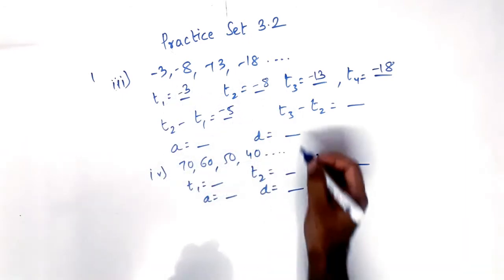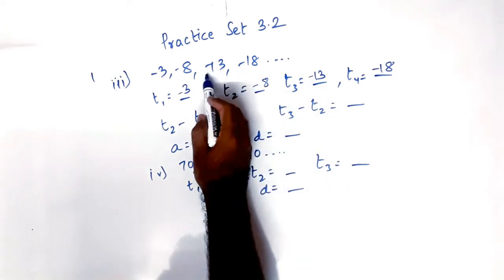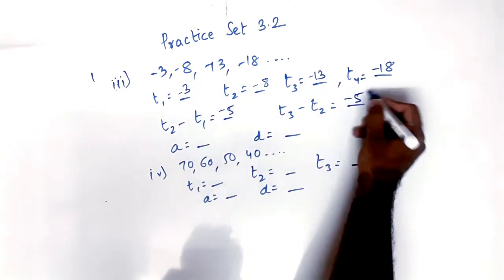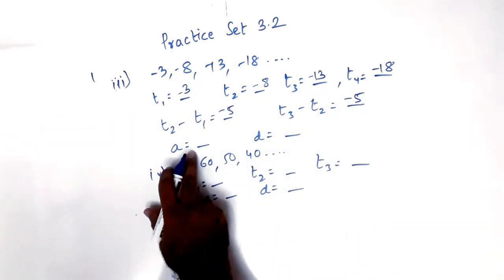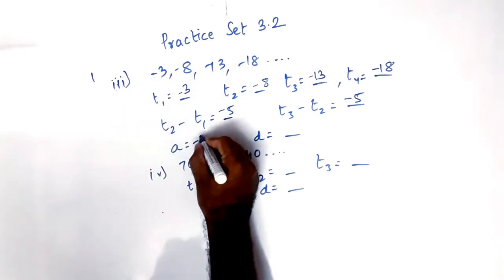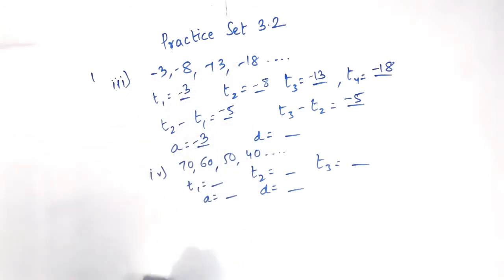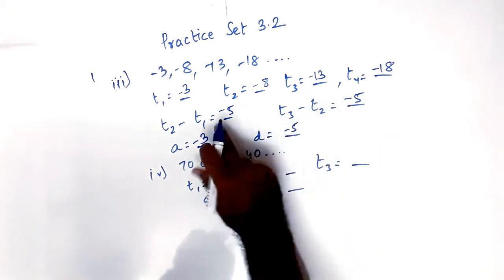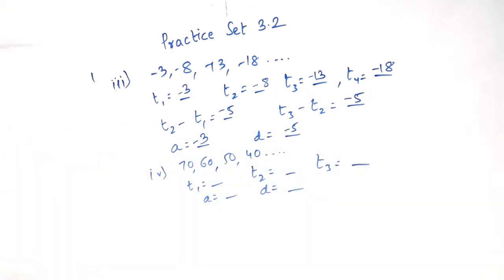Again T3 minus T2 is minus 13 plus 8, which is also minus 5. A means they are asking the first term, so it is minus 3. And D is minus 5.